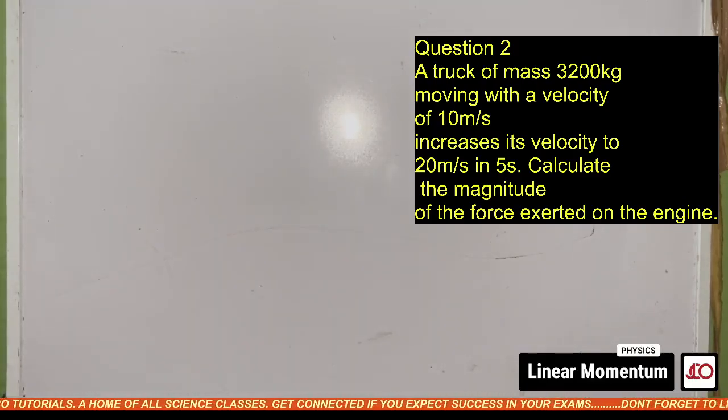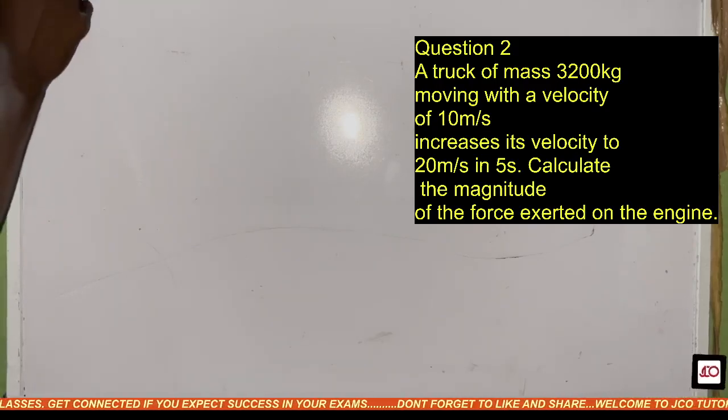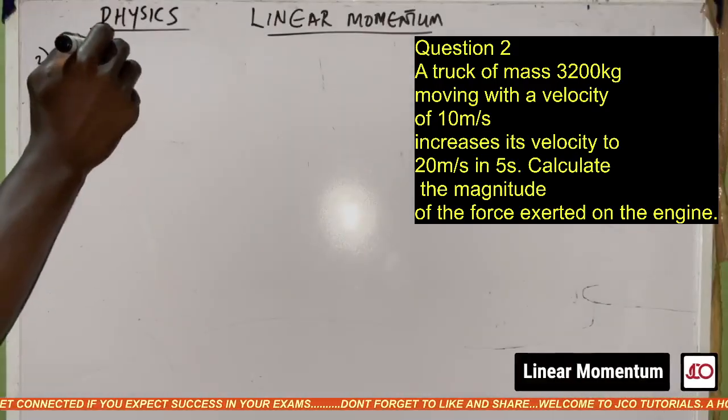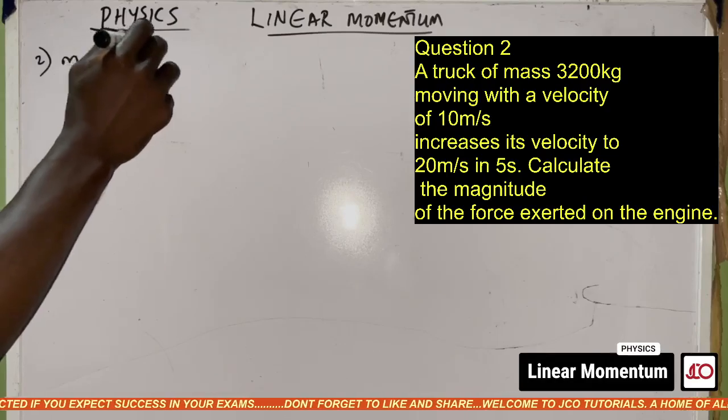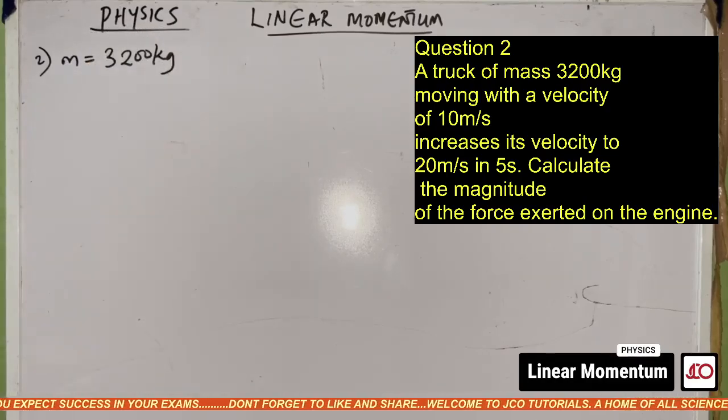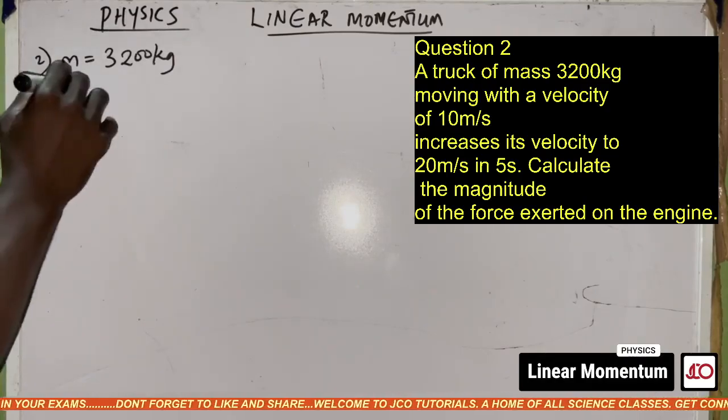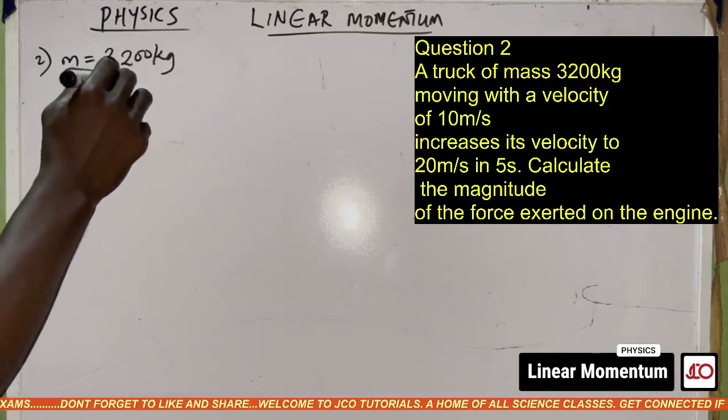Calculate the magnitude of the force exerted on the engine. What is the first parameter given there? Mass is 3,200 kg moving with a velocity of 10 meter per second. So that's the initial velocity.